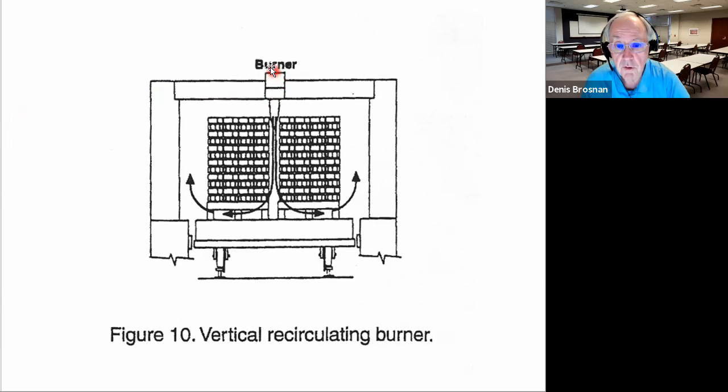And so there's a burner in the top that fires downward. And here we have two settings. These are brick examples, two settings of bricks, and we're firing down between the two settings of brick in order to create combustion and force heat downward.